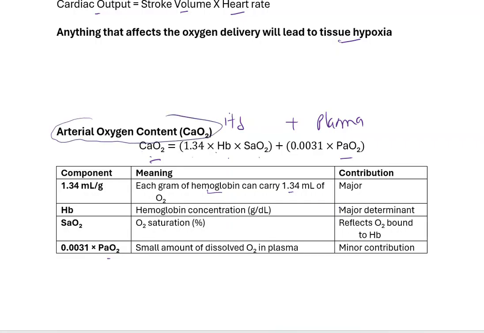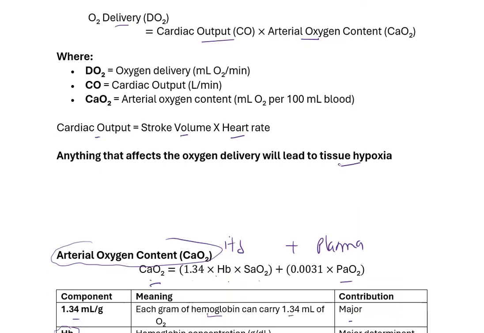The major contributors to the arterial oxygen content include the 1.34 that we mentioned, and then most importantly, your hemoglobin. So the hemoglobin is a major determinant of the arterial oxygen content. And you can see the partial pressure of oxygen in the plasma is just a minor contribution.